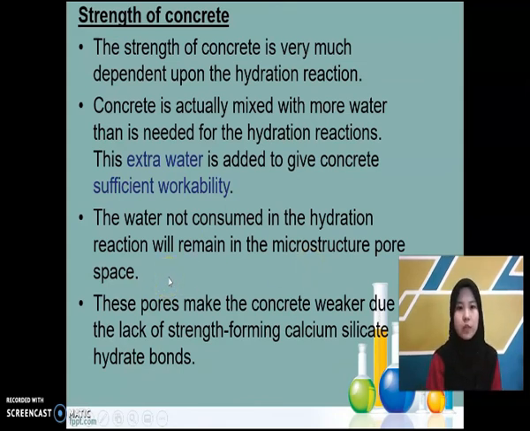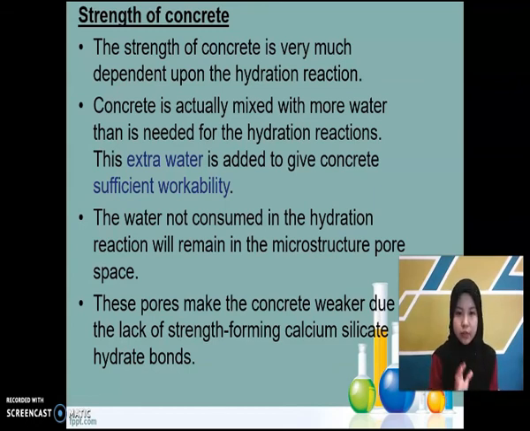This means when we put extra water, the excess water that will not be consumed will remain in the microstructure pore space. This statement will be explained in the pictures next.